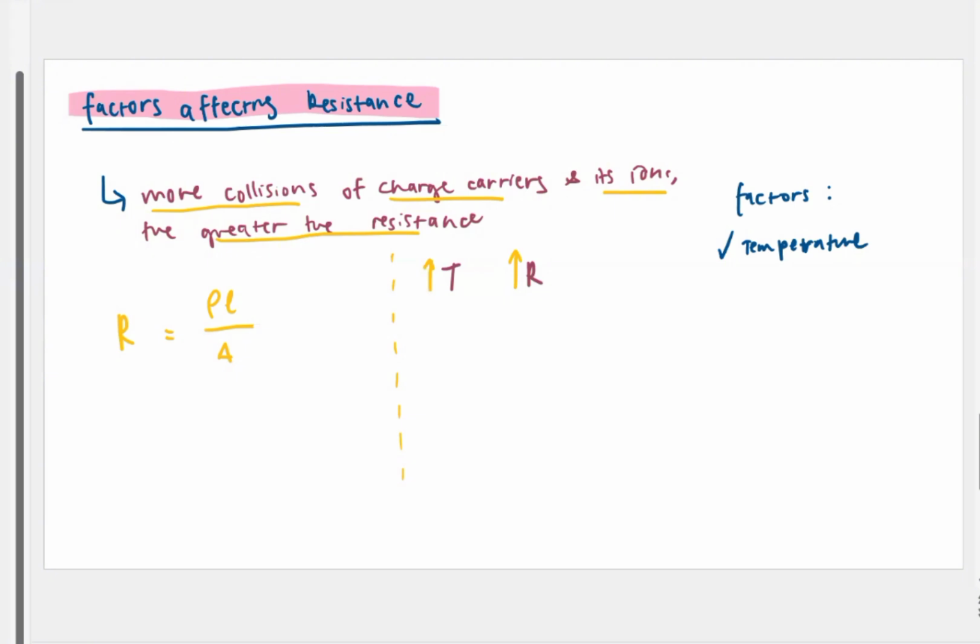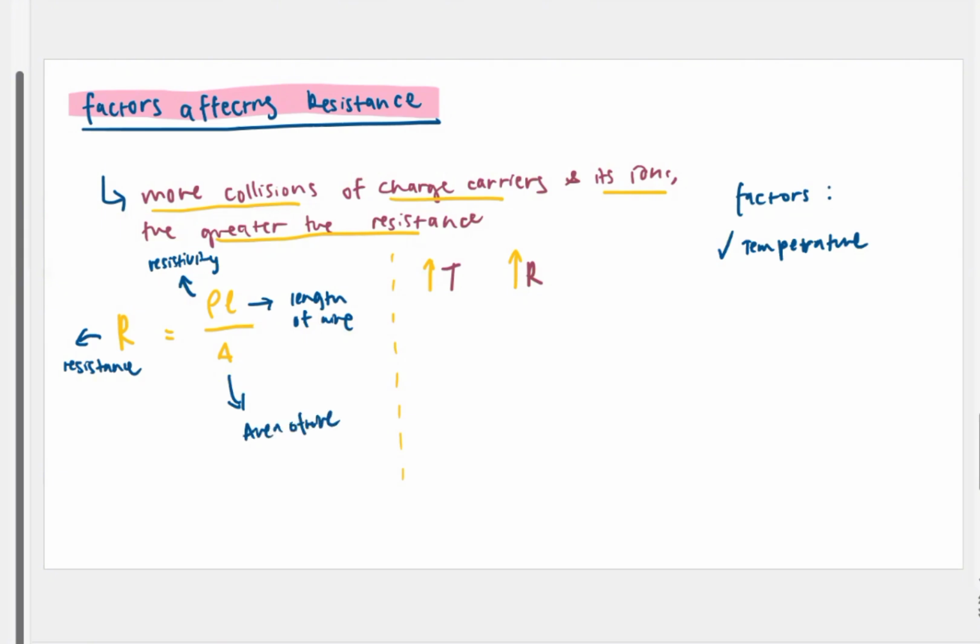Now, we could see that this is resistance. Resistance is equal to, what is the symbol? Well, this symbolizes resistivity, multiplied by its length, or length of wire, divided by its area, or area of wire.